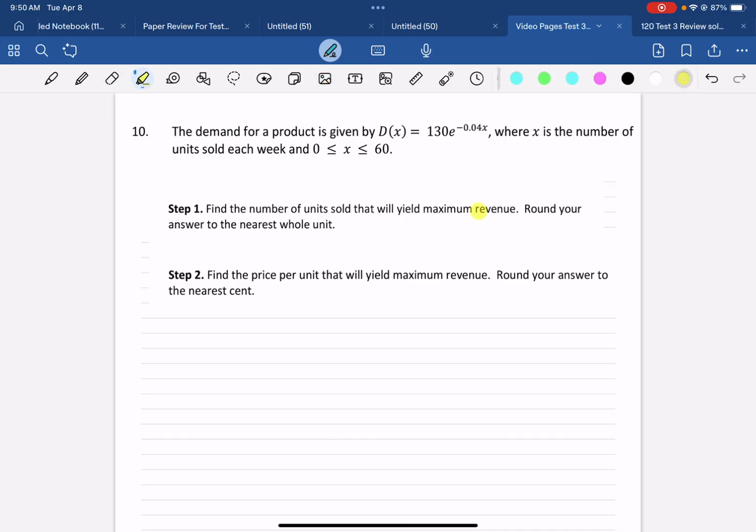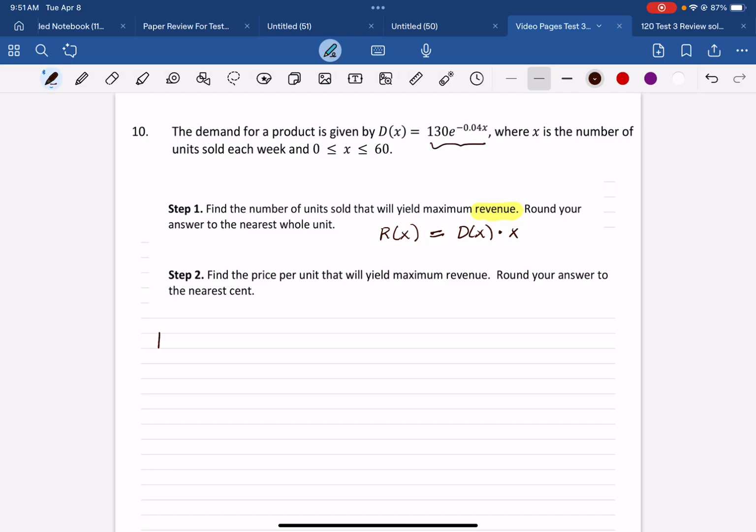When they're talking about revenue, that's going to be demand times x, or x times d of x, or d of x times x. You have to remember to multiply this whole thing by x.